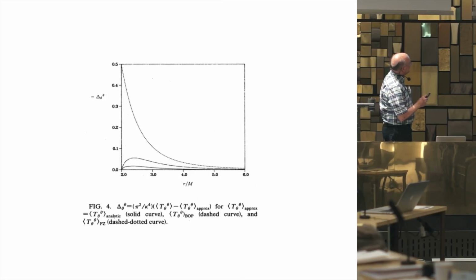And because they wanted to compare with other people's analytic formulas to show how bad the other formulas were, it's very hard to get any sort of accurate numbers out of that graph. But I did the best I could.